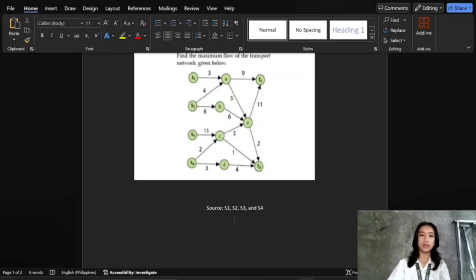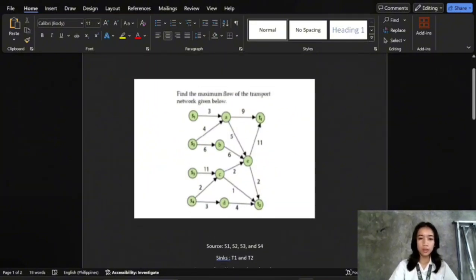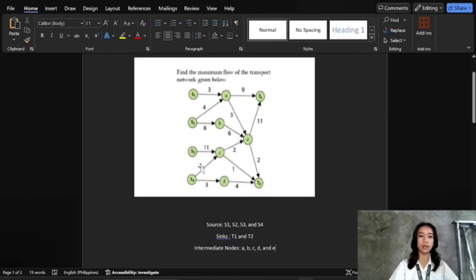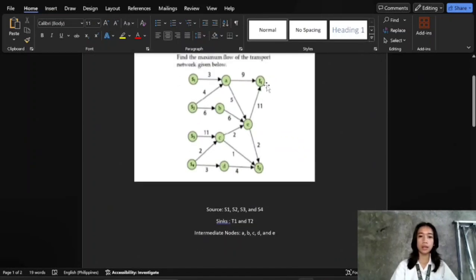The sinks we call T1 and T2. And the intermediate nodes are A, B, C, D, and E. So the sources are S1, S2, S3, and S4, and the sinks are T1 and T2.